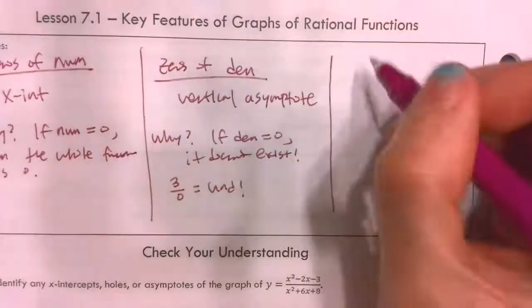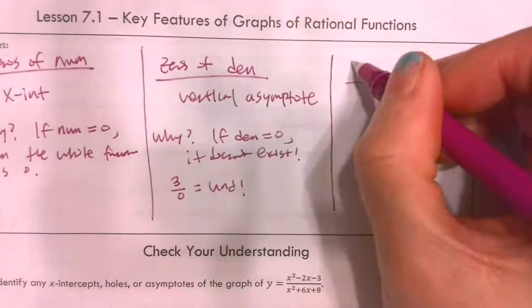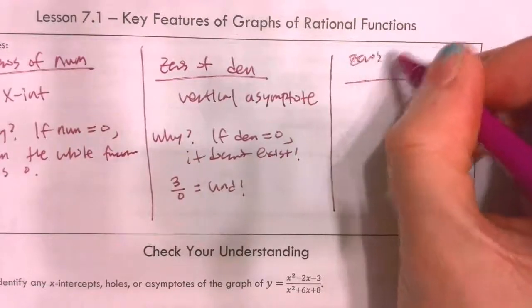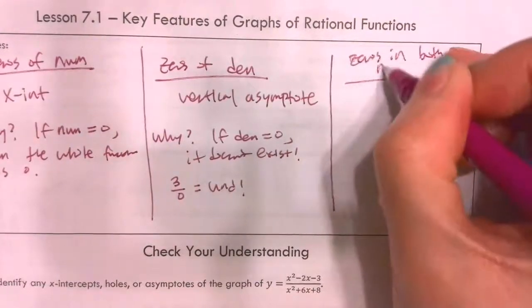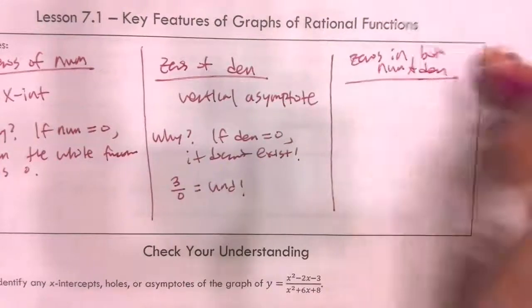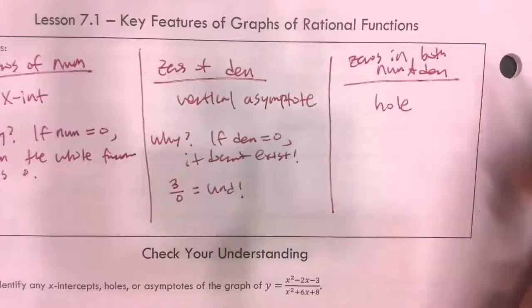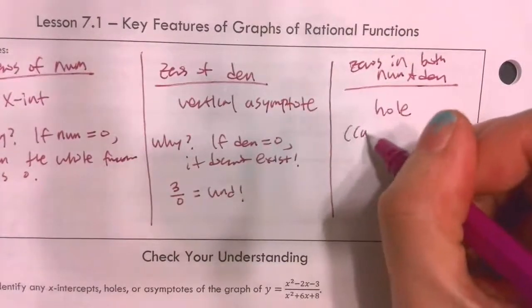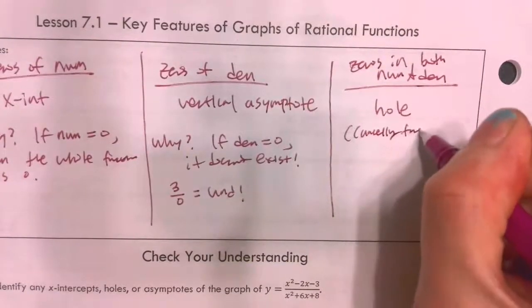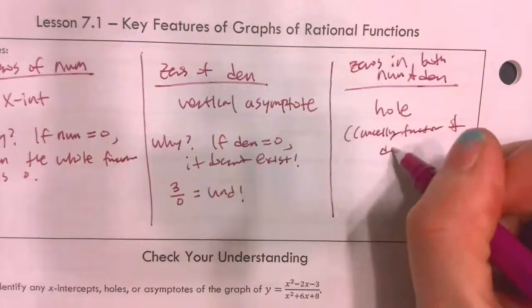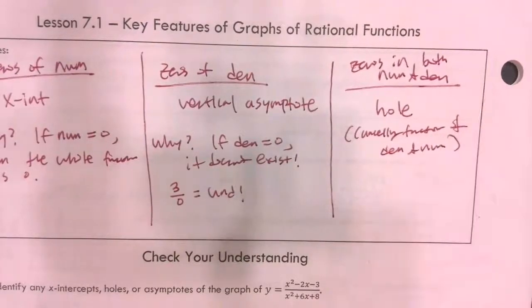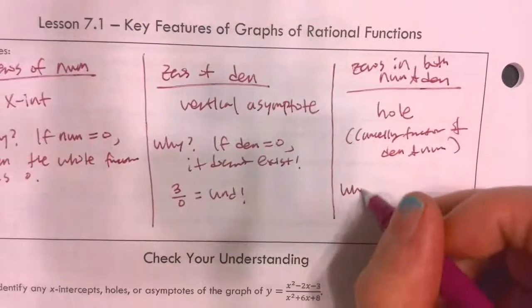Cool. Alright, now the third thing that we just added was 0 in both numerator and denominator. There was a hole. Another way to say that is the canceling factor of the denominator and the numerator. Why?